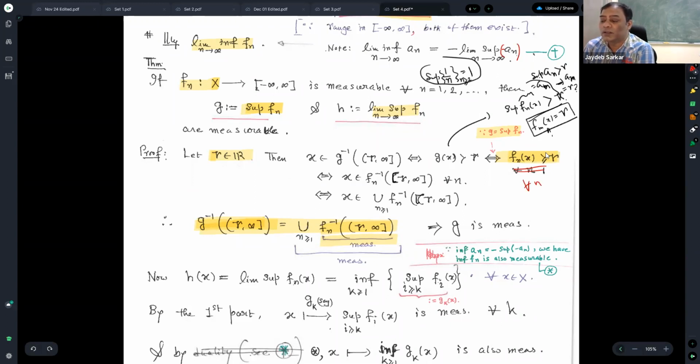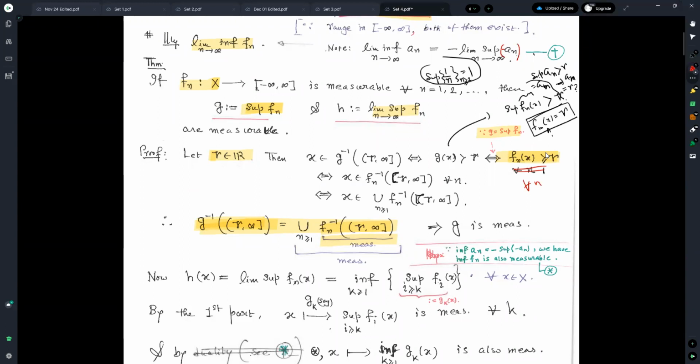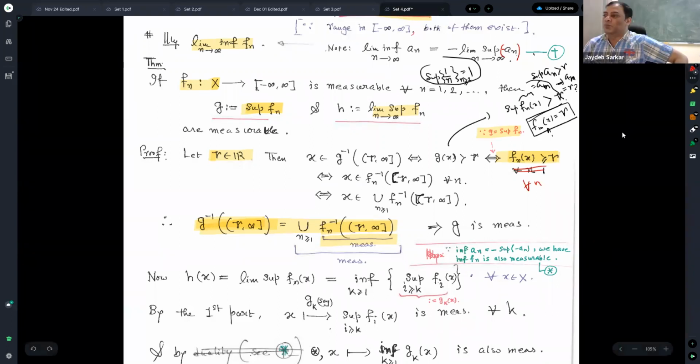There is nothing wrong, right? But you are going the other way. That's the problem. No, we can't say greater than or equal to R also, because consider the sequence 1 by n. I'm starting with 1, 1 by 2, 1 by 3. Only 1 by 2 is strictly less than 1. This is the problem with the online thing.